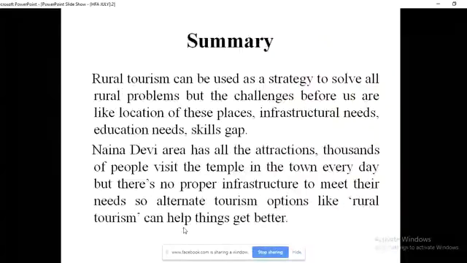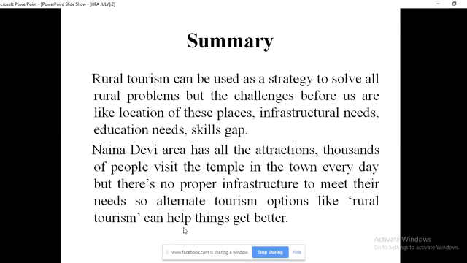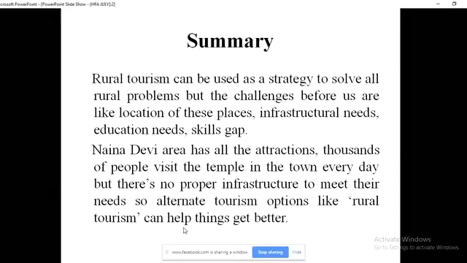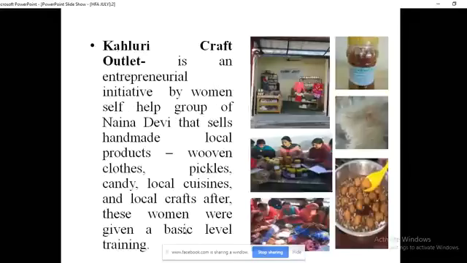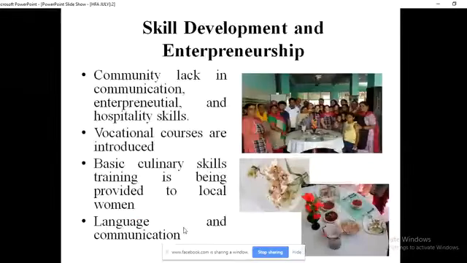So with this, rural development can be used as a strategy to solve all the problems of rural people. But the challenges before us are location, as I've already discussed, for accessibility and infrastructure. Location is not supportive, and infrastructure needs, of course, educational needs and a skills gap.